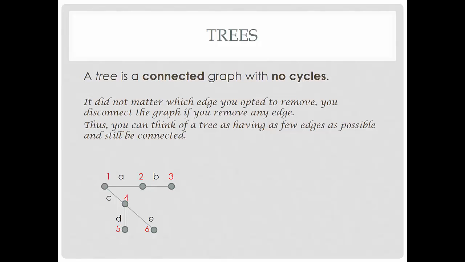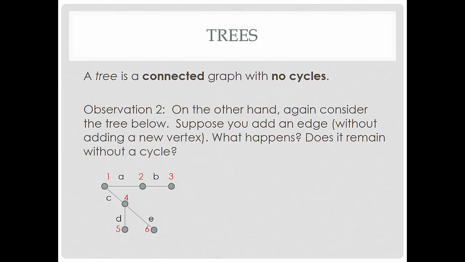Now, what about the other properties of trees? A tree is a connected graph with no cycles. So instead of removing an edge, suppose now I add an edge. What would happen if we were to add an edge? And again, it does not matter what pair of vertices I pick that are not connected and go ahead and add an edge so that they are now connected by an edge.